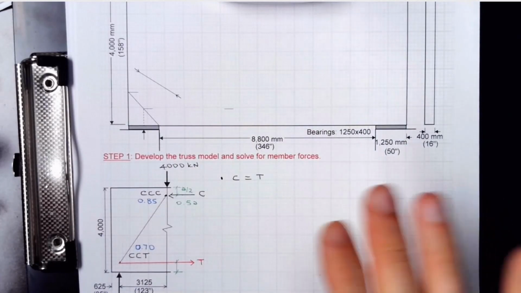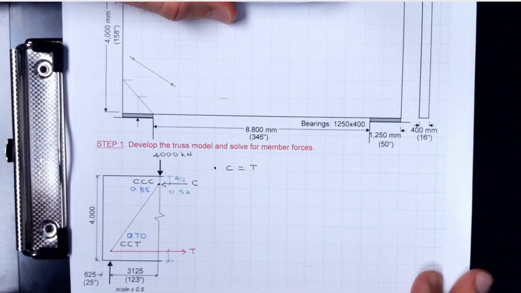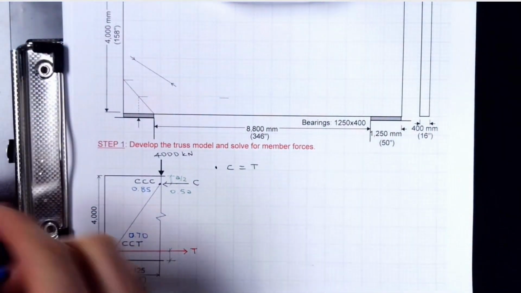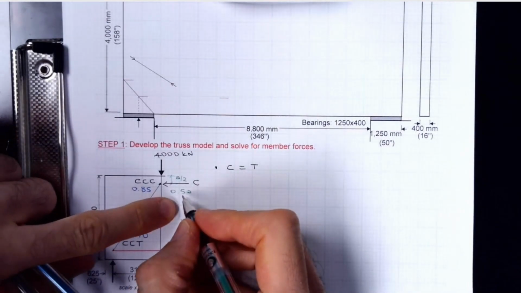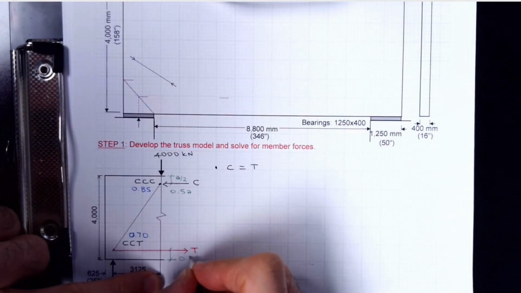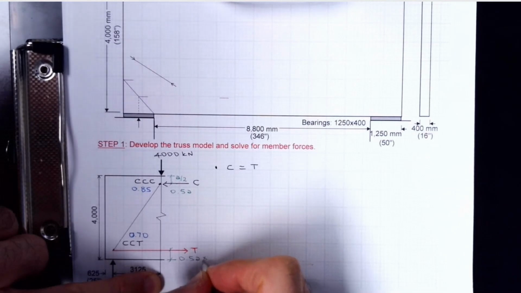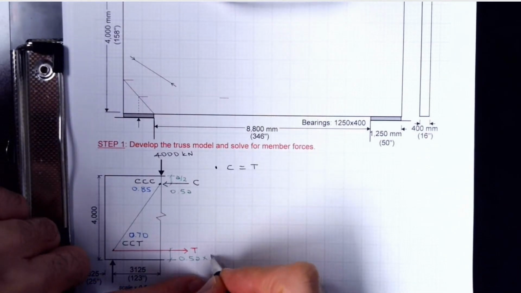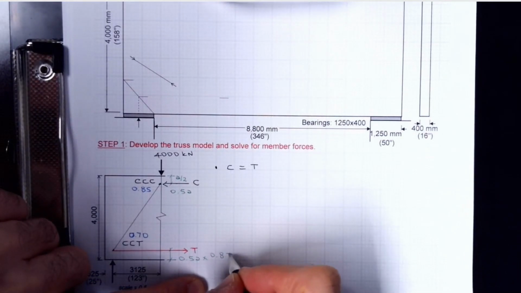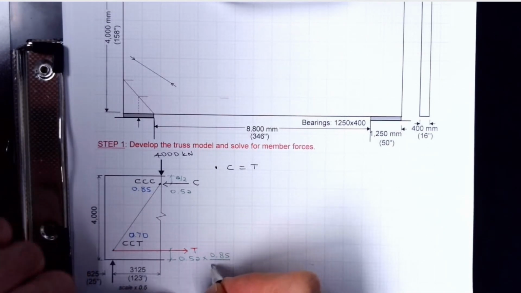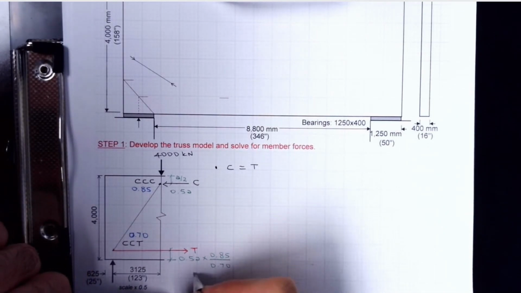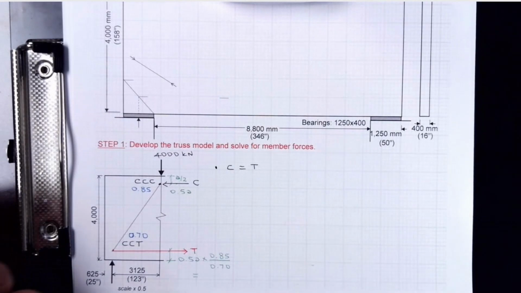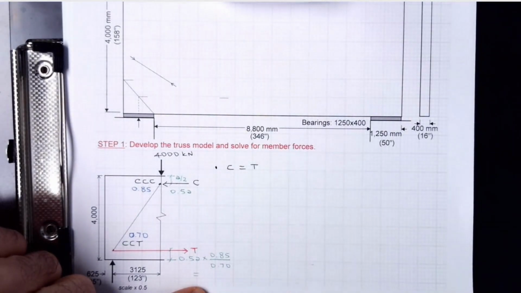So this distance should be larger than the other one, if everything is calculated properly based on the capacity. If this is 0.5A, this is going to be 0.5A multiplied by 0.85 divided by 0.70. Again, this is not a formal process. This is not something you have to do, but you have to do something to get started.